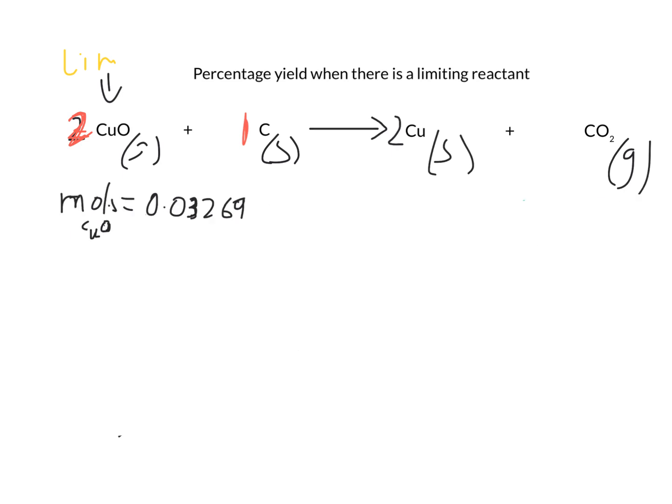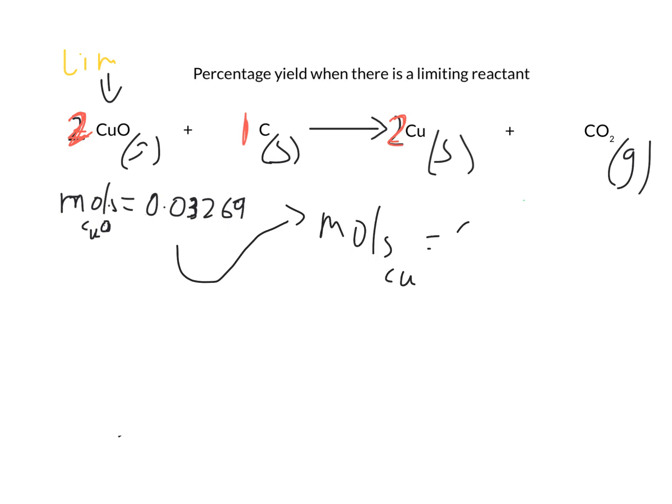Okay, so what do we do next? The next thing we do is work out how much of our product is produced based on the moles of the limiting reactant. So the moles of the limiting reactant here are the copper oxide, which is 0.03269. Now we apply a ratio to convert from the moles of copper oxide to the moles of copper.